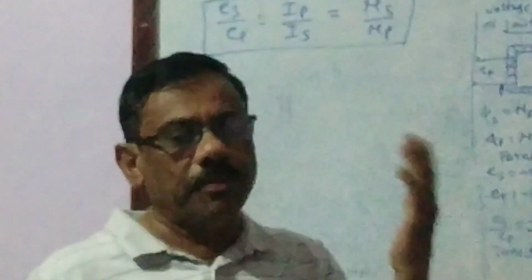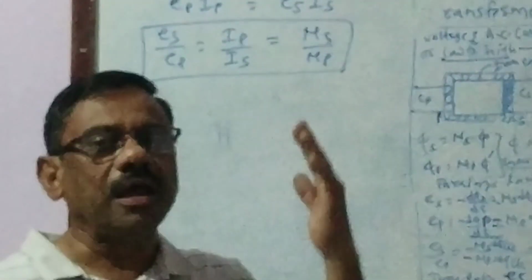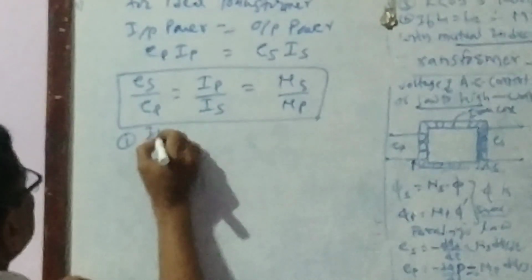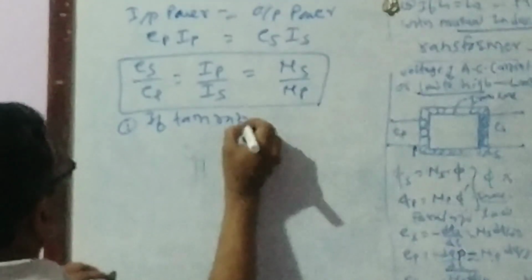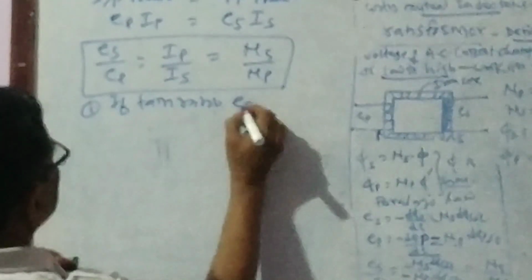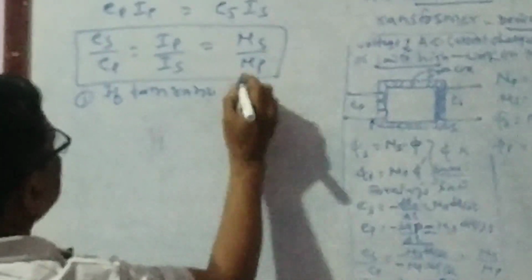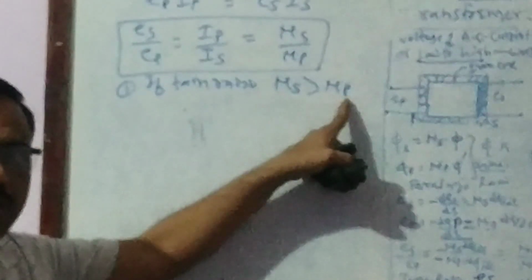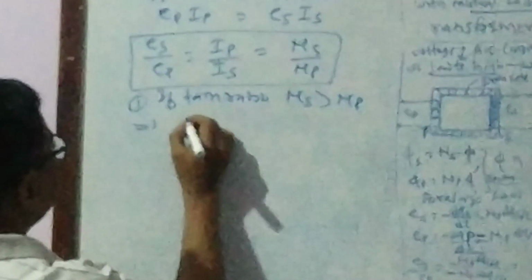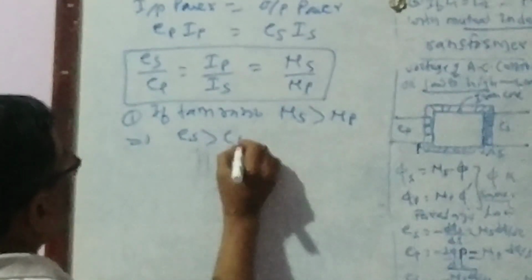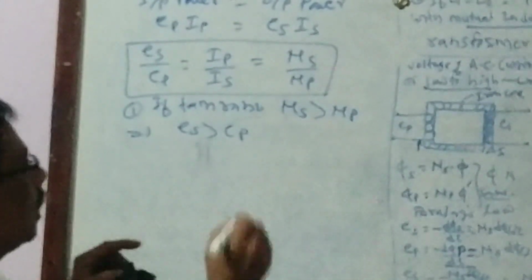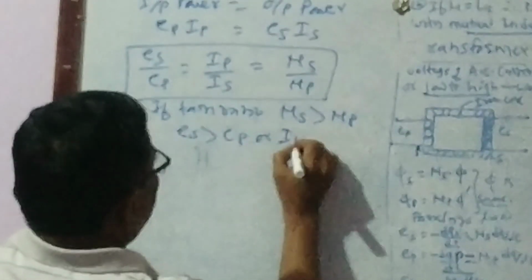which are used in commercial purposes in various industries. First, if the turn ratio, that is NS, is greater than NP, the number of turns in secondary greater than number of turns in primary, it implies that ES is greater than EP, that is the output voltage is greater than input voltage, or IP, primary current, is greater than secondary current.